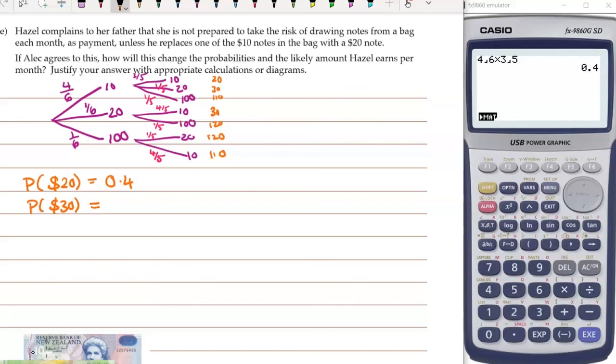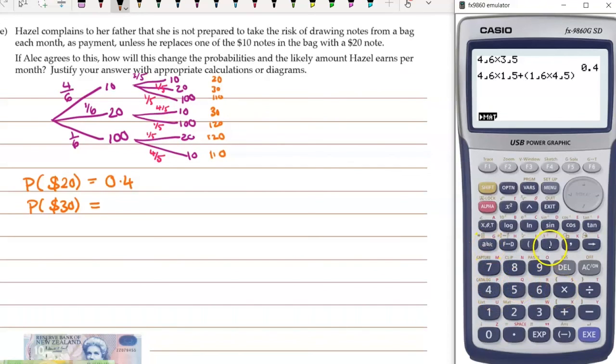We're looking at that top one there. That's 4/6 times by 1/5, and then we'll add on this other line that can get us 30 as well. So 20 and then a 10. So that is 1/6 times 4/5. I'll keep that as a fraction at the moment, just to preserve all the accuracy.